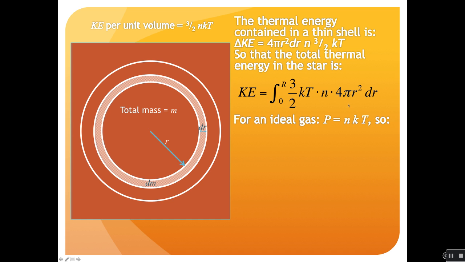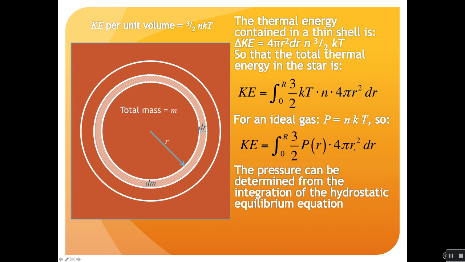Okay, and we also know, as we've talked about before, that the ideal gas law is P equals nkT, and you can see right here that we've got an nkT, so we can do a bit of swapping out. Now we've got the kinetic energy of the whole star given by the integral from 0 to R of 3/2 times the pressure, which is radius dependent, times 4 pi r squared dr. We want to integrate across this whole region so that we can get the total amount of kinetic energy of the star.